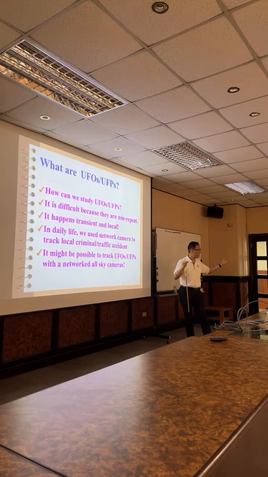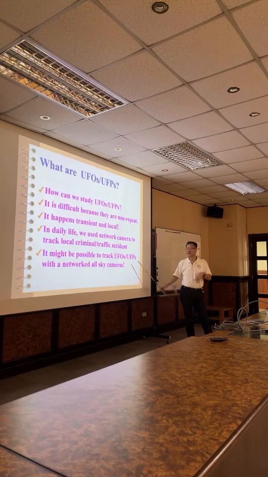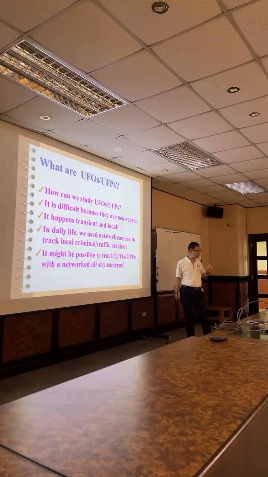But if we already have cameras everywhere, we can try to track it. I think it's possible. This is probably not too expensive, I don't know how expensive, but this is the idea. We can do it, but it depends on how much money to spend.